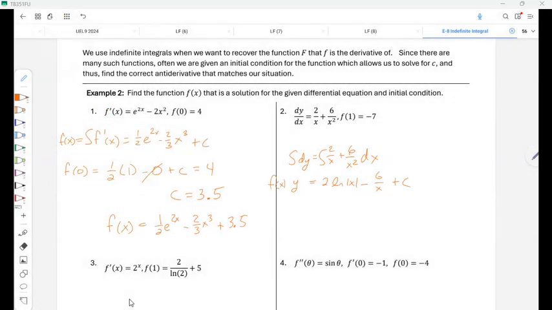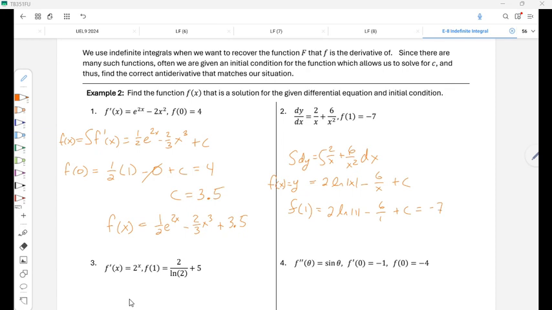And then we'll call that f of x, just for notation purposes. So then we'll do the same thing we did in the other one. f of 1 equals 2 ln of 1 minus 6 over 1 plus c equals negative 7.